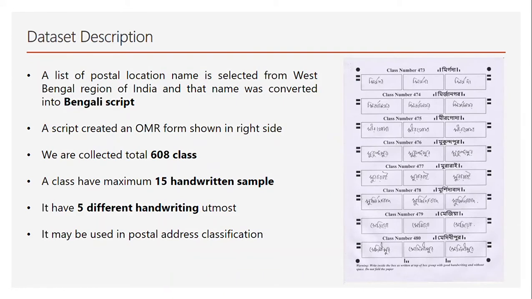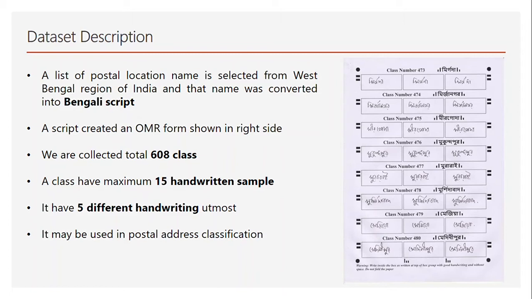As a part of our project, we created a handwritten dataset to train our model. The dataset is written in Bangla script. It has place names from the region of West Bengal, and it contains approximately all major cities and locations of West Bengal.